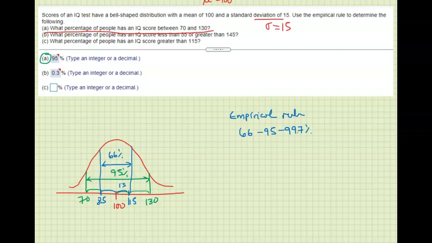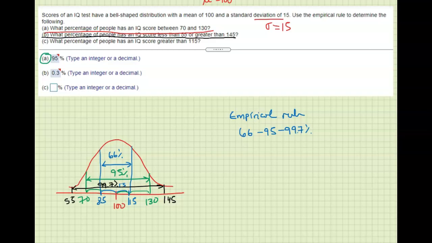Let's look at this one. If I go another standard deviation of 15, it's going to be 145. Subtract 15, we get 55. Between 3 standard deviations above and below, 99.7% of the data is in there. Part B says, what percentage of people have an IQ score less than 55 or greater than 145?